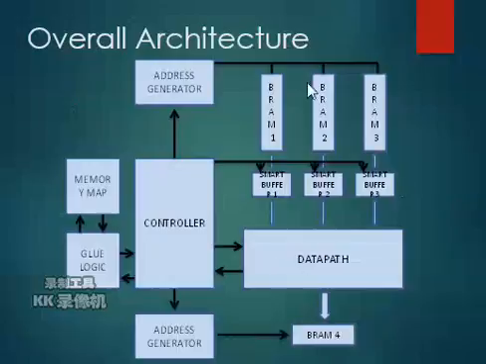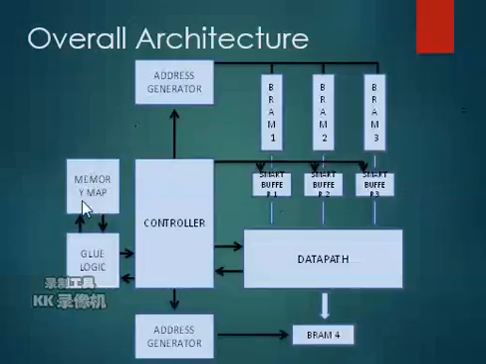This is the overall architecture design for the program. I'm going to tell you some details about this architecture. The main function, and there are 3 BRAMs. They're used to connect to the memory map. The memory map is the memory where we store all the data, and it works like a cache.